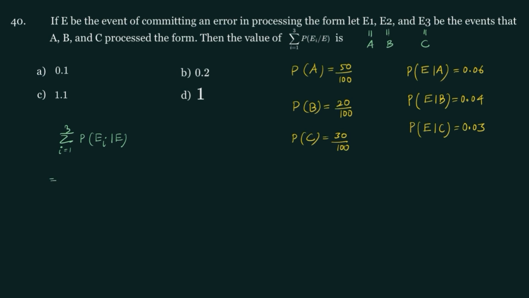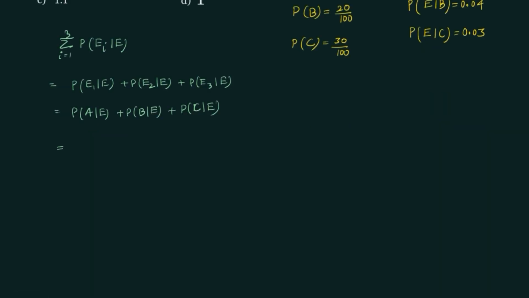So let us open the sum. Then this means probability of E1 under the condition E plus probability of E2 under the condition E plus probability of E3 under the condition E. So this E1 is actually my event A only. This is event B, and the event E3 is my event C. Now let us use the conditional probability.